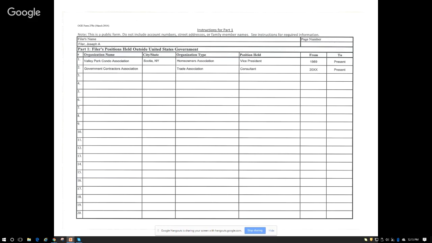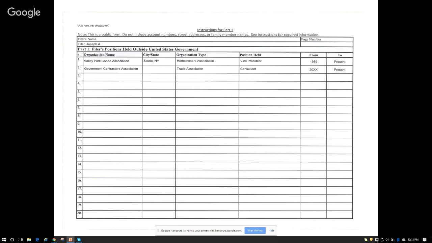First off, most agencies have requirements for prior approval for outside activities. Usually that is handled by the legal branch, which also usually handles financial disclosure. If we are seeing this for the first time, it's a big concern. First off, we need to make sure that our filer doesn't take any official action that could lead to a conflict of interest.